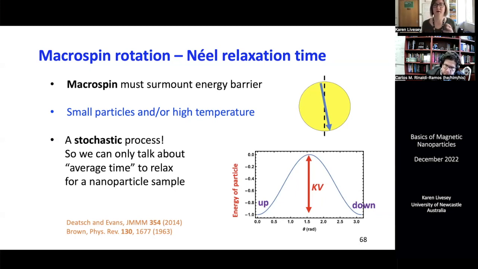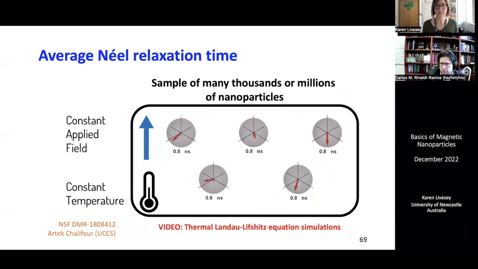Okay, and I've got a diagram to try to explain that in more detail. So let me see. Oh, they are running. Good. This is an animation put together by one of my former students, Artek Chelafor, who graduated in 2022. Some of them are just restarting, but basically you can see this nanoparticle relaxed in 3.1 nanoseconds.